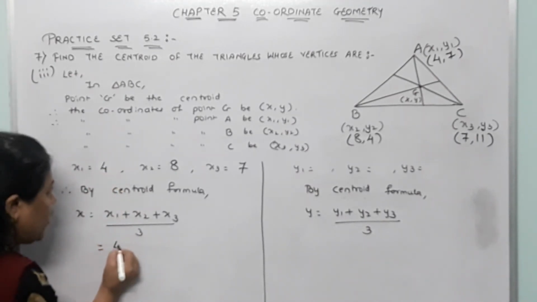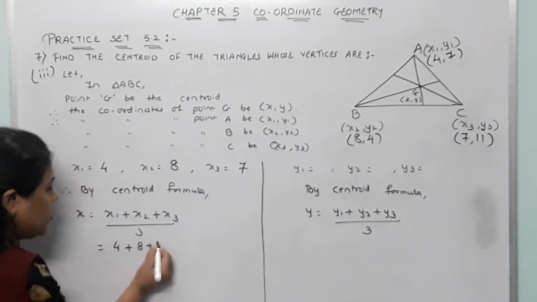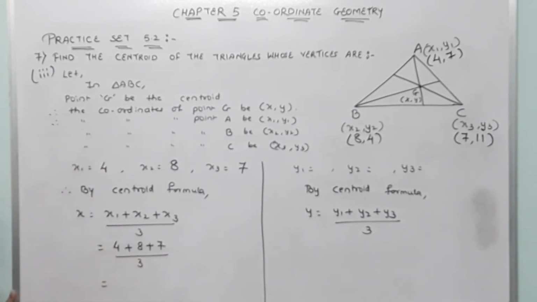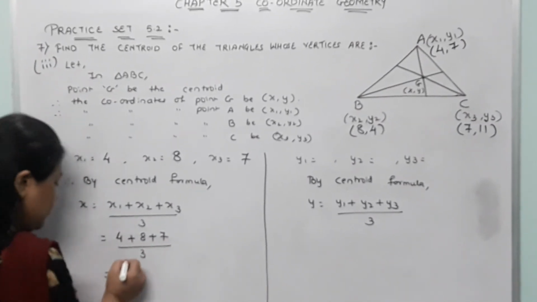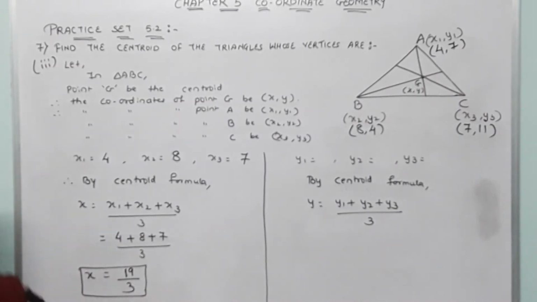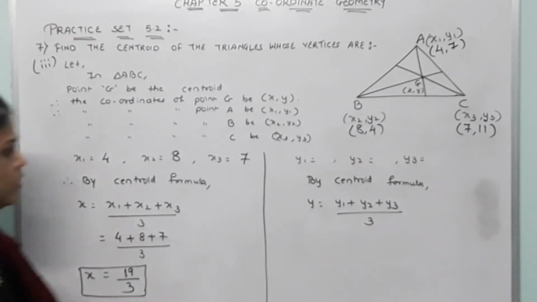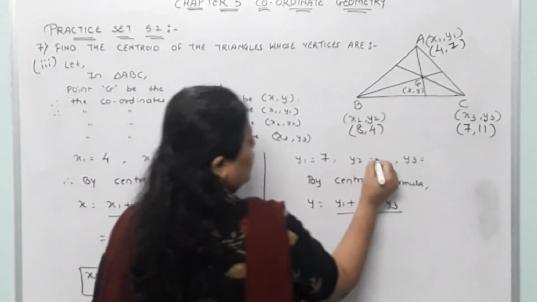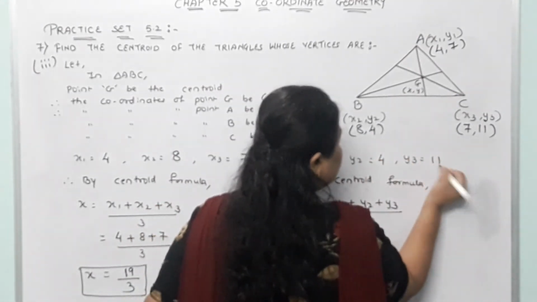Now substitute the values: 4 plus 8 plus 7 upon 3. Now 8 plus 4 is 12. 12 plus 7 is 19. 19 upon 3. This is the value of x as it is not further divisible. Okay. So x equals to 19 upon 3. Now we'll see for y. y1 is 7, y2 is 4 and y3 is 11.